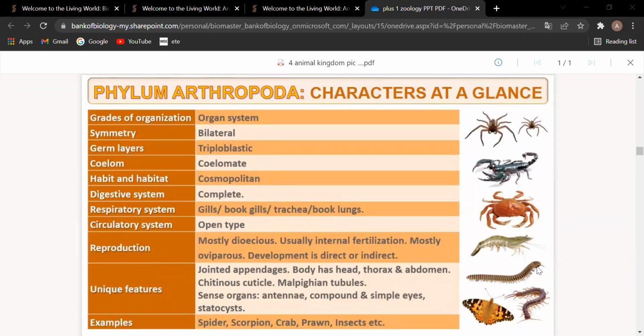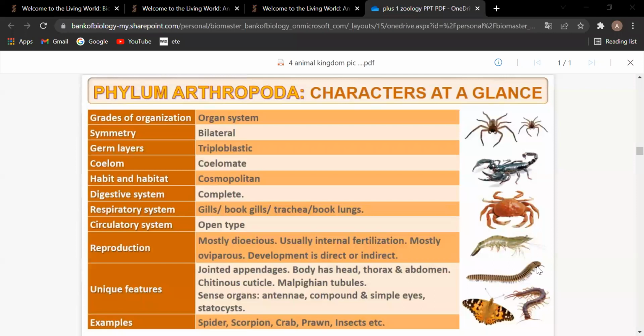Respiratory system: gills, book gills, trachea, book lungs, all are present. Circulatory system is of the open type. Reproduction mostly dioecious, usually internal fertilization, mostly oviparous. Development is direct or indirect. Unique features: jointed appendages, body with head, thorax, and abdomen.